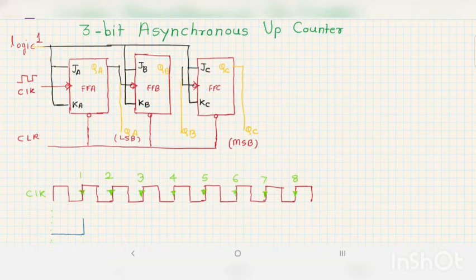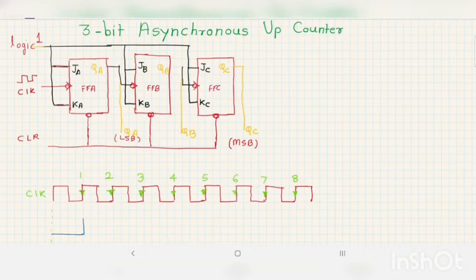Here in the 3-bit up counter, 3 flip-flops are used, and a clear signal is applied to all the 3 flip-flops to reset all the flip-flops initially, and here J and K input of all the flip-flops are connected together to the logic 1 level.